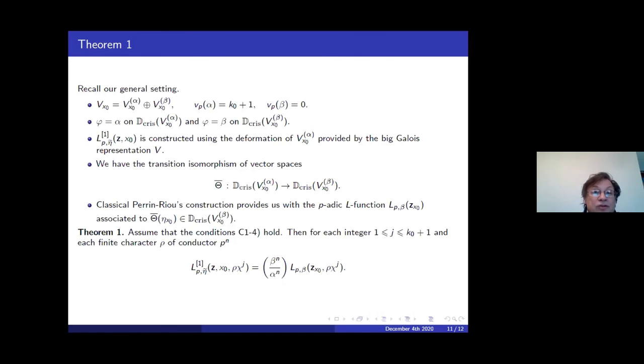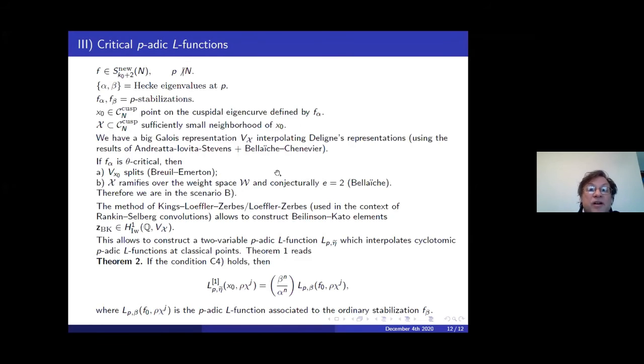So I pass to applications, and here I will go very quickly because there are some technical points to explain, but I have time only to describe the idea. So come back to our situation. We have a newform F of weight k0 plus 2, a prime p which doesn't divide the level.